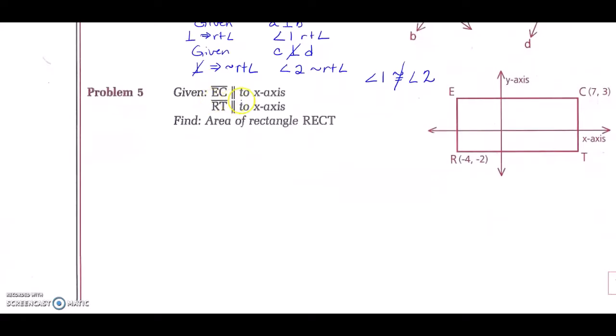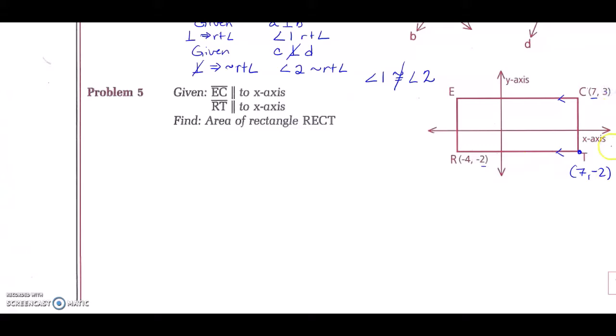Given EC is parallel to the x-axis, and so is RT, that means these two are actually parallel to each other. That'll come up in chapter 5 as well. What it's telling you is that you can then infer point T's coordinates. So that's going to be the x value from here and the y value from here.